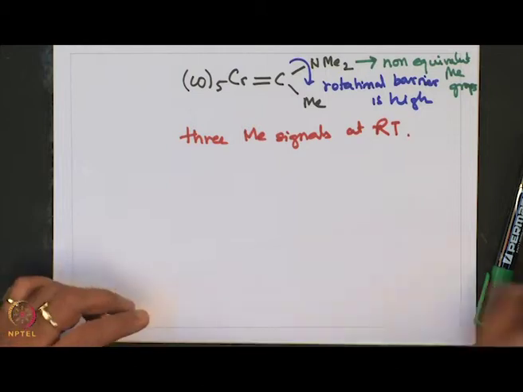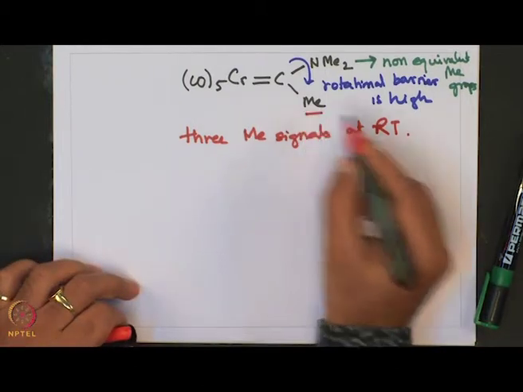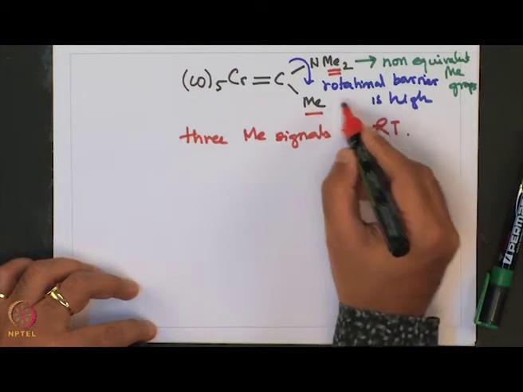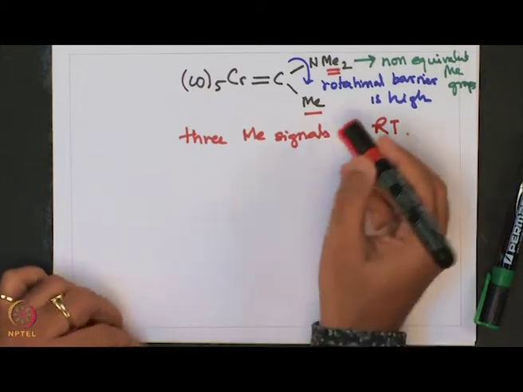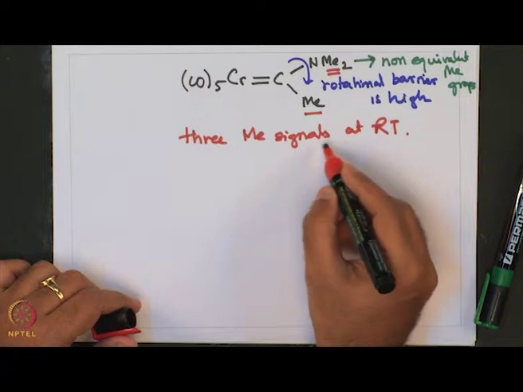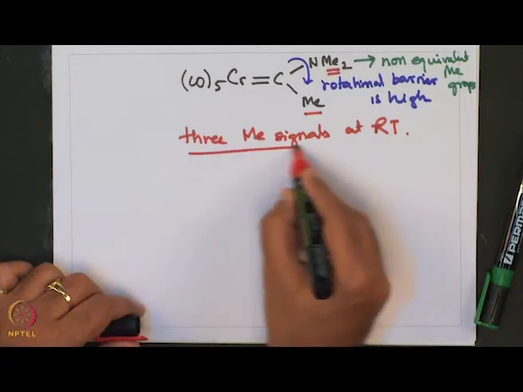So, these three come from one of these and two of the N-methyl. All three are inequivalent because the rotational barrier is high, and that leads to observation of three different signals at room temperature.